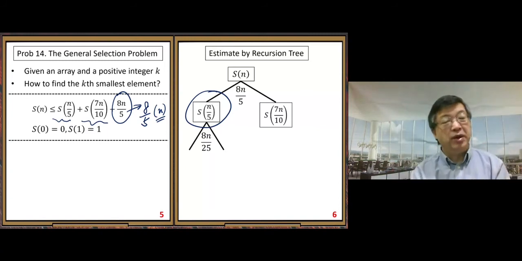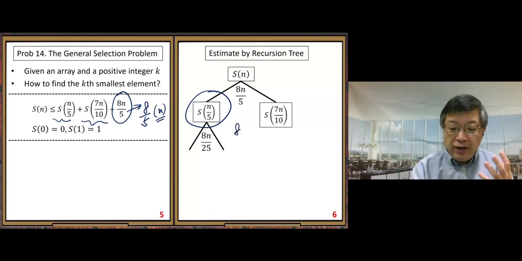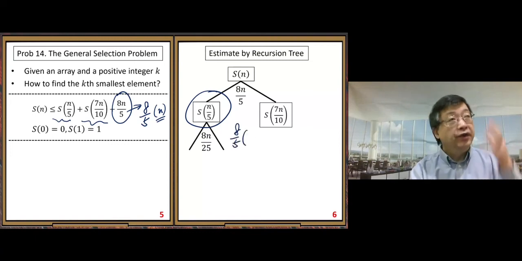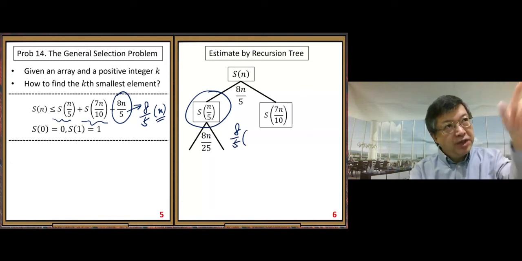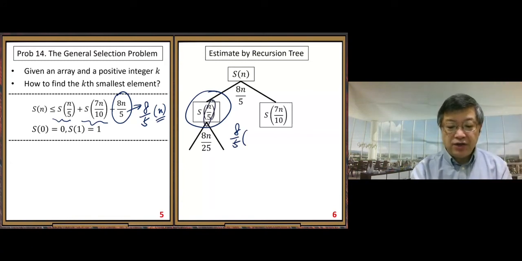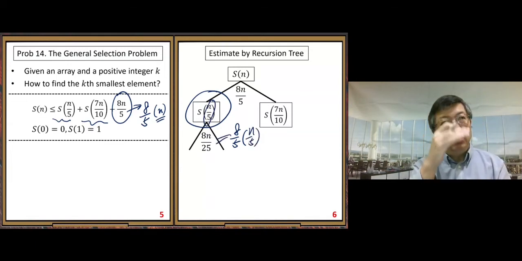Here, let's do the estimate. 8/5 of the problem size. What's the problem size? n over 5. So that's why it is 8n over 25.